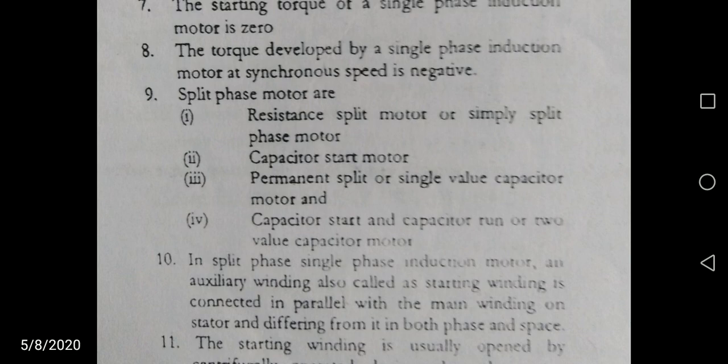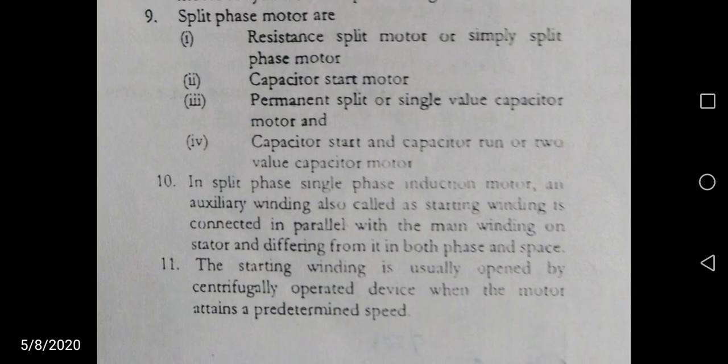The auxiliary winding may be resistive or capacitive, because the main winding is already of reactive nature, so the auxiliary winding must be of resistive or capacitive nature.